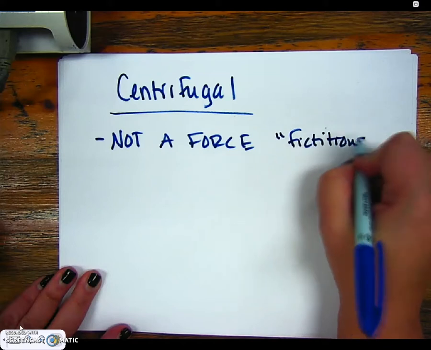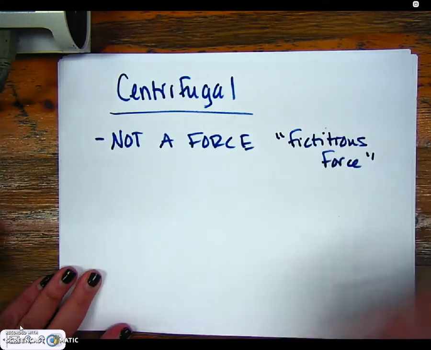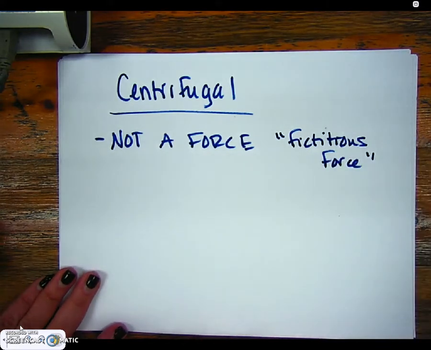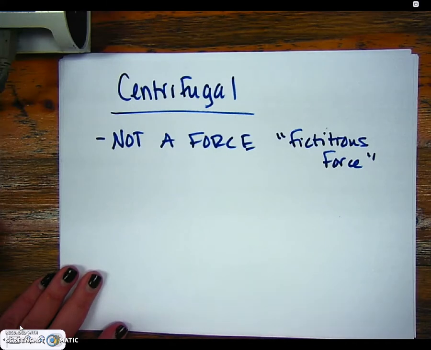This is when we are experiencing feelings in an accelerating frame of reference. If you're sitting on a merry-go-round, and it's spinning around in a circle, you are in an accelerating frame of reference. You are sitting in that car, or on that merry-go-round, and you are actually accelerating.